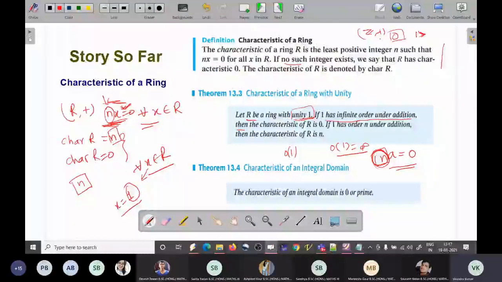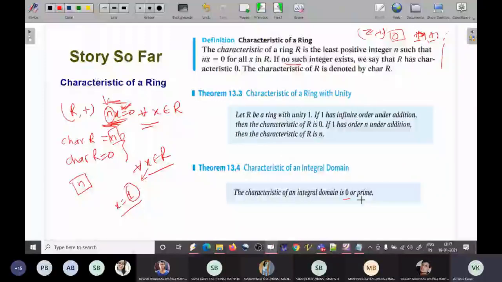So if 1 has order n under addition, then the characteristic of R is n. This we proved in the last class yesterday. The next result we proved is that the characteristic of an integral domain is either 0 or prime. So there are two possibilities, either 0 or n.